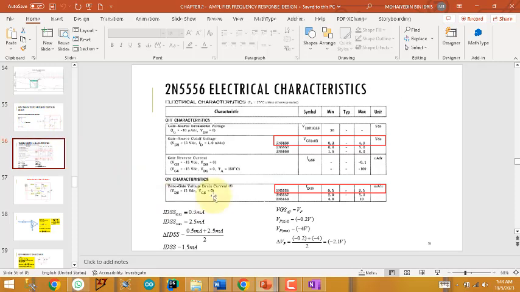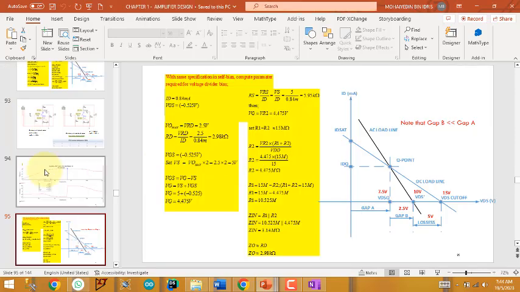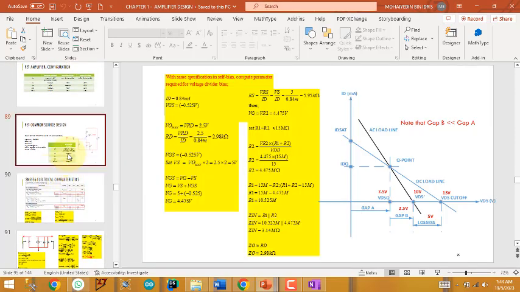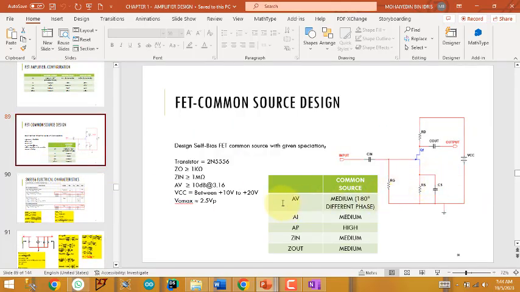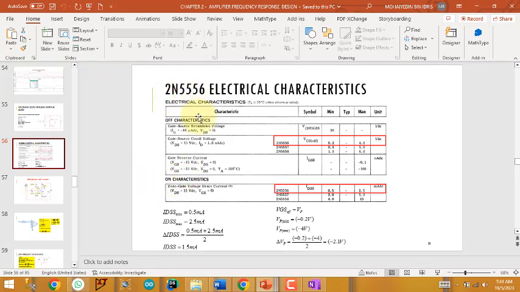This is the same as our previous chapter, where we are using the same transistor, which is 2N5556. This is how you obtain the value of VGS off or VP, and also the IDSS, which is the zero gate voltage drain current.